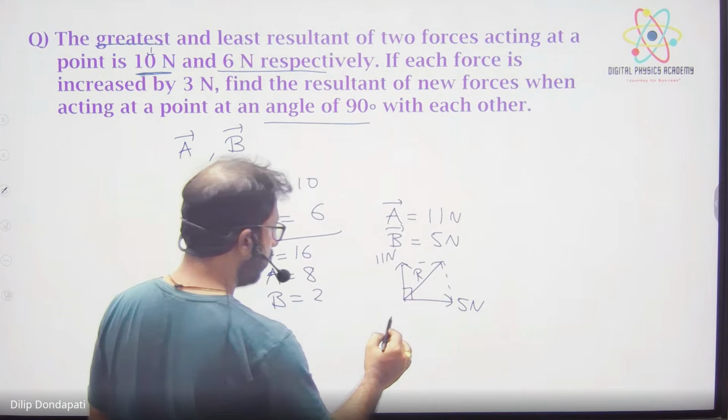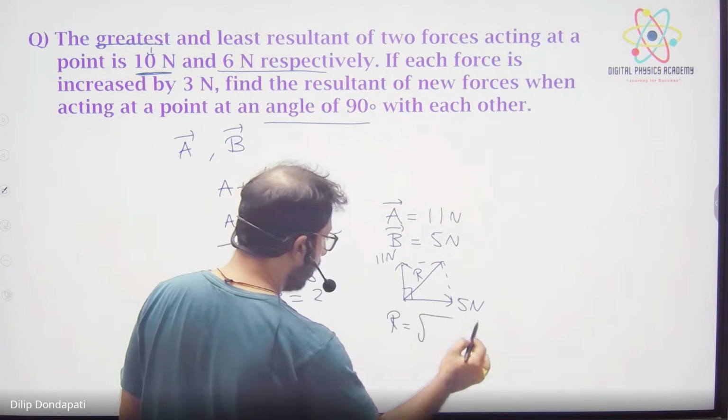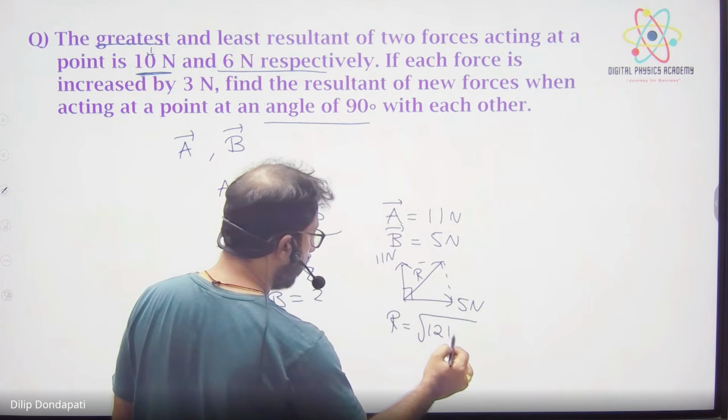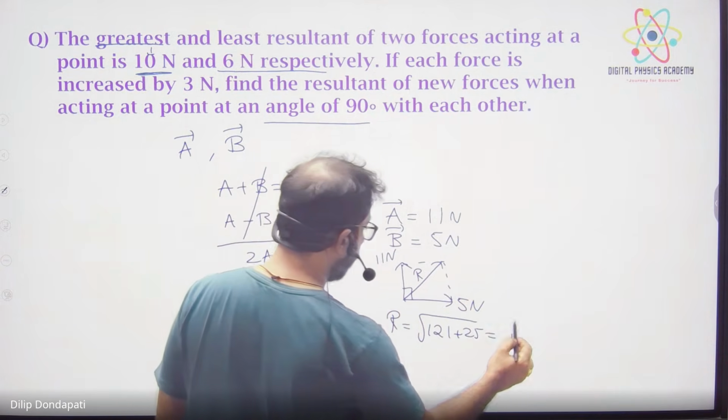Yes, correct. R is equal to under root this square plus this square. So 121 plus 25. That is root 146.